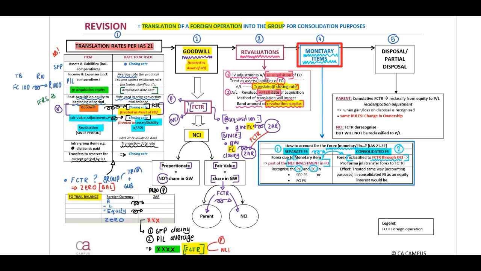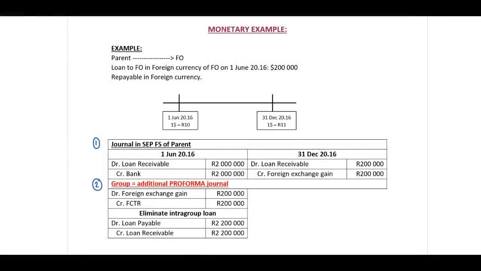And this is the main principle that you need to know. Now, let's have a look at our basic example. In this example, we have a parent that has an investment in a foreign operation, and this is a subsidiary in terms of IFRS 10 that should be consolidated.